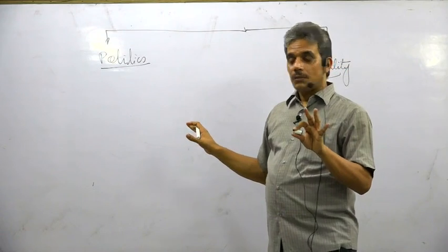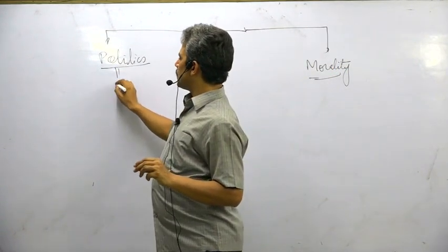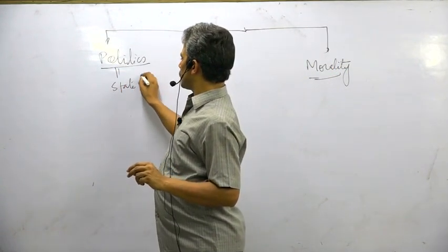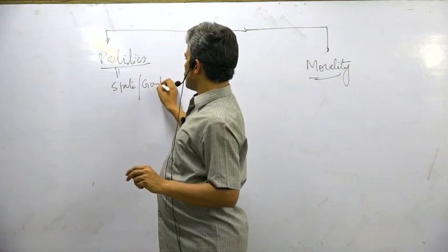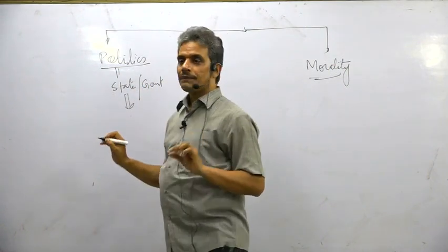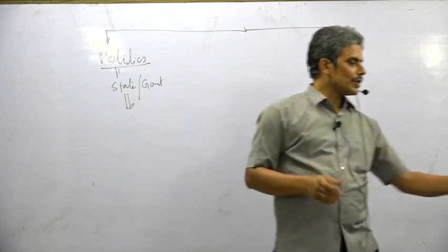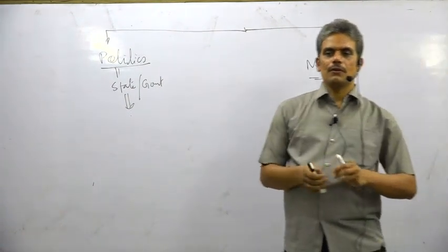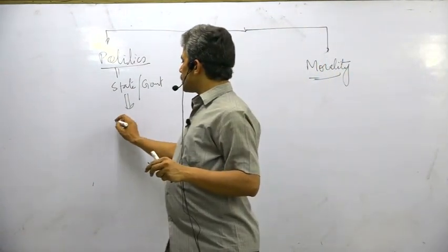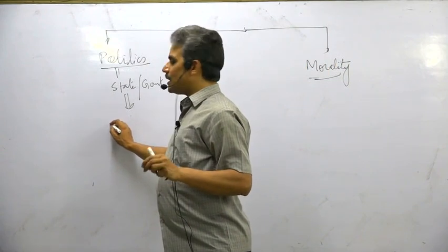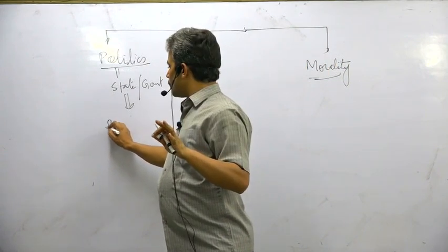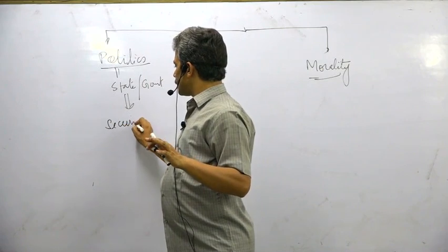Because politics means the behavior of a state and government. Politics deals with the state and government. And remember, what is the most important objective of a state and government? Protecting the unity and integrity of a state, or security.